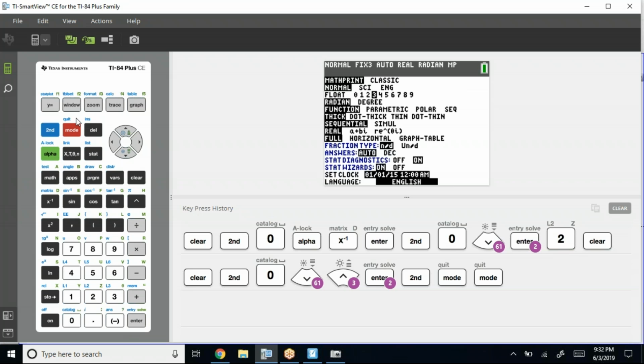Second mode, if you go down, it says stat diagnostic on or off. For an 84, you can do it right there. I'm not sure if that'll do it for an 83. So there's two ways to make sure that's done.